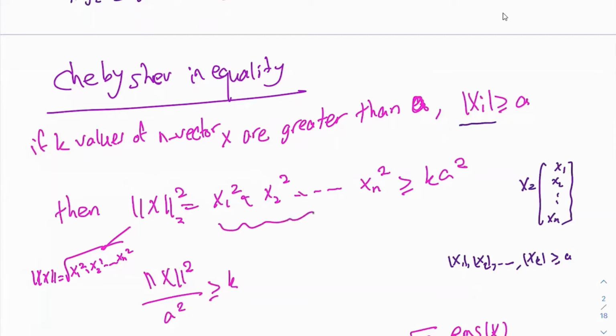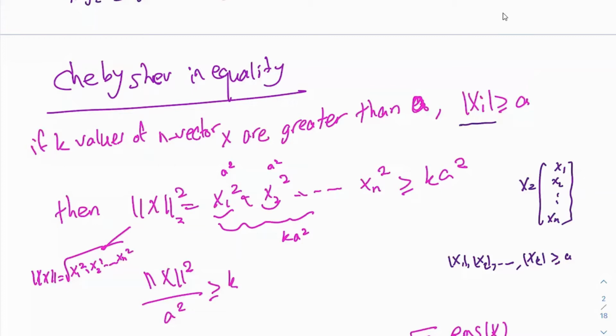So each of these terms is at least a square. So we have at least k a square. Now, the rest of the terms are all positive. Xk plus 1 square, xk plus 2 square, they're all squares. At lowest they're 0, but at least they're not negative.